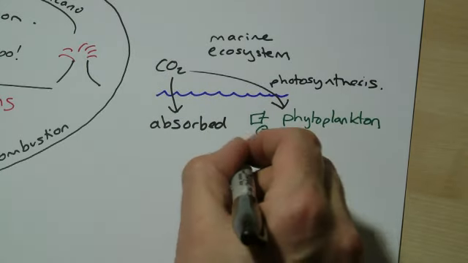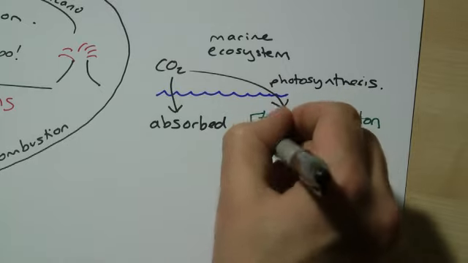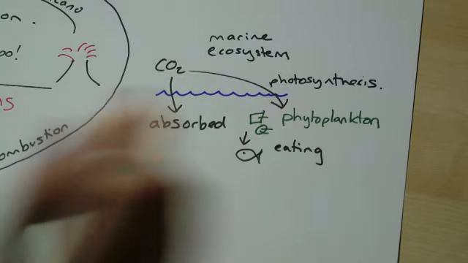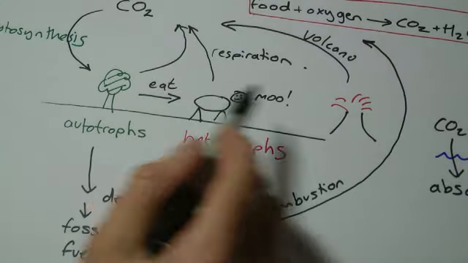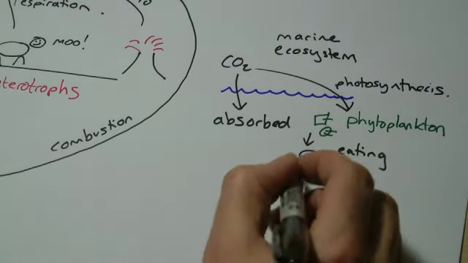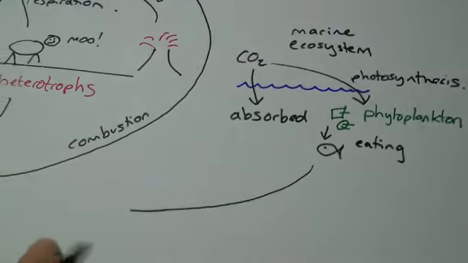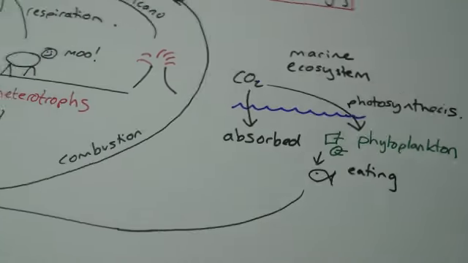We've also got animals in the sea, which would be eating the phytoplankton as their source of food. And of course, just like with our land ecosystem, these organisms are also respiring, they're also dying and becoming part of the fossil fuel system.